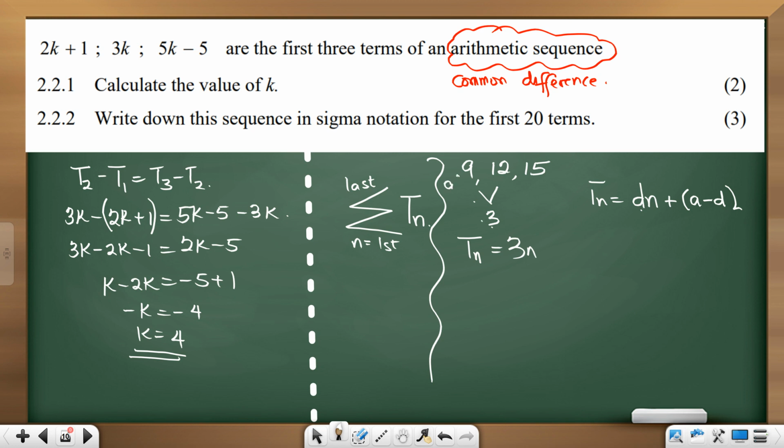What is a minus d? 9 minus 3. Positive 6. We're done. That way, you get your answer. So what's my final answer? 3n plus 6, n equals to 1. They said the first 20 terms. We're done. 3 marks in the bag.